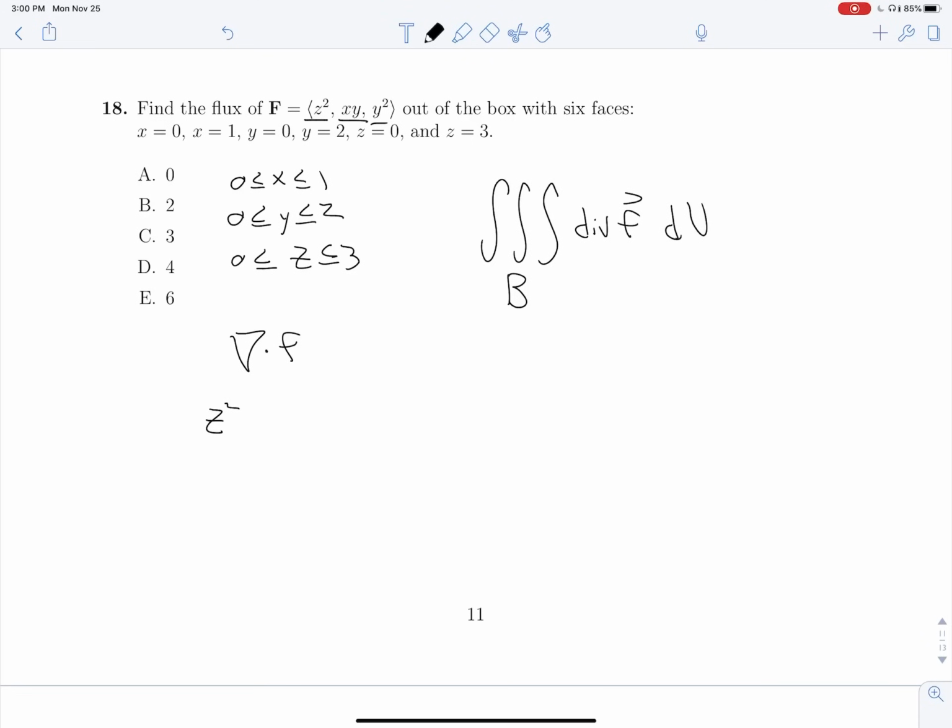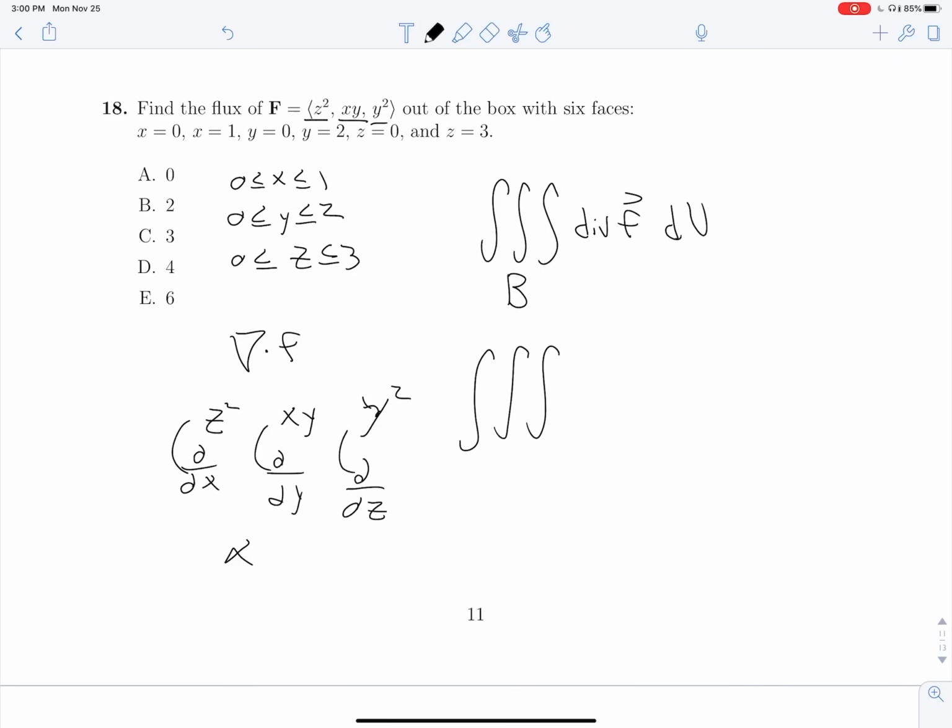Z squared partial x, xy partial y, and y squared partial z. So as we said, this dot is 0, this dot is going to be x, and this dot is also 0. So divergence of F is x.